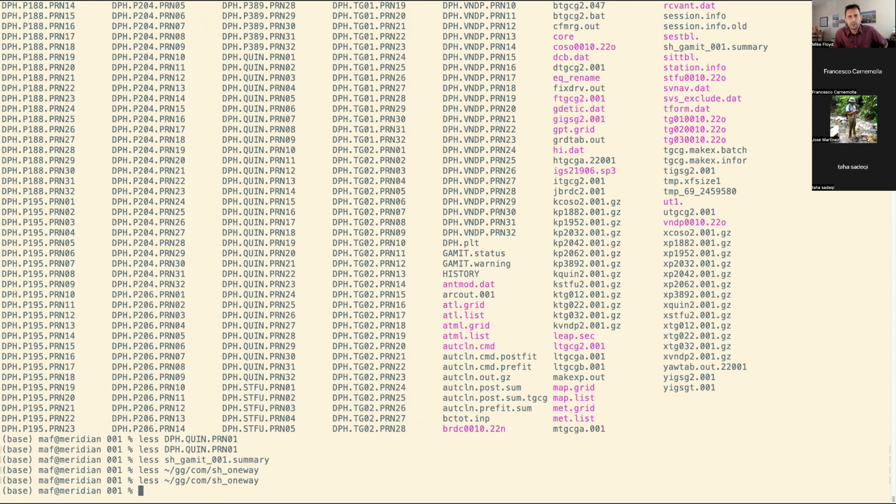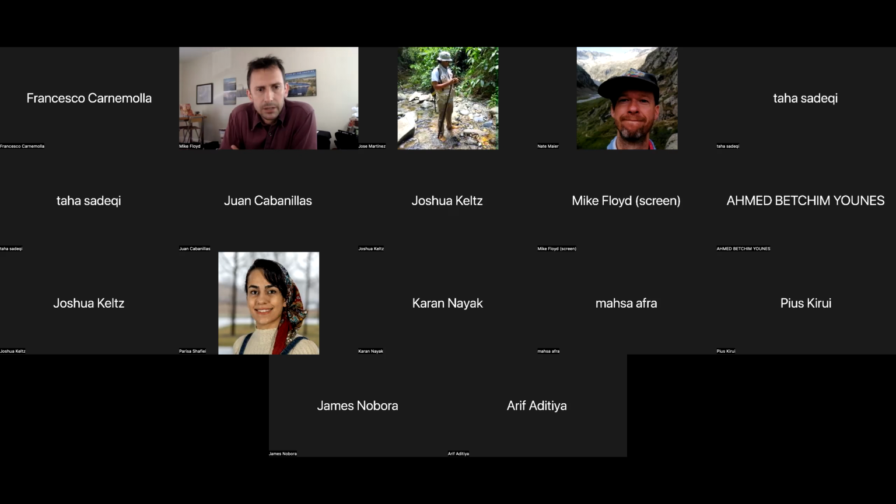Okay, so we have another question in the chat, and it is, can someone put here the GAMIT/GLOBK update command? What do you mean by the update command? What are you trying to update?